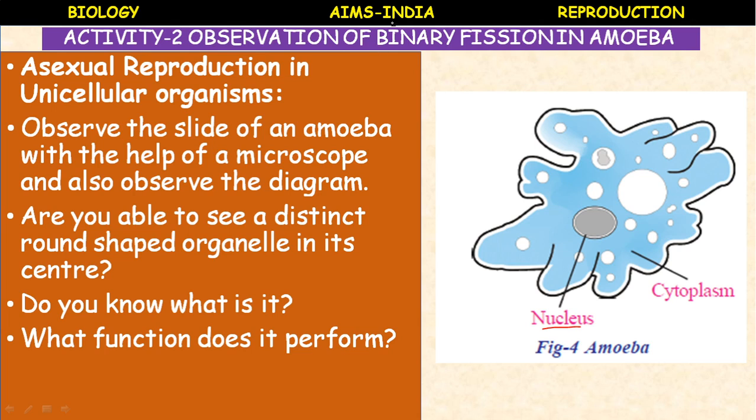The smaller round one is the food vacuole, this is the contractile vacuole. Are you able to see this distinct round shaped organelle in its center? Nucleus, yes. What function does it perform? It controls all the functions of the cell. Even reproduction depends on this organelle only.